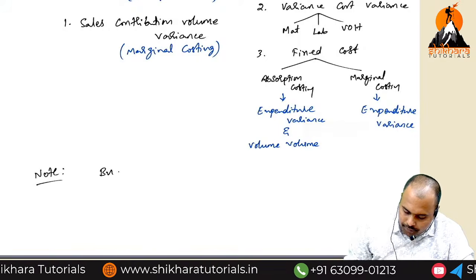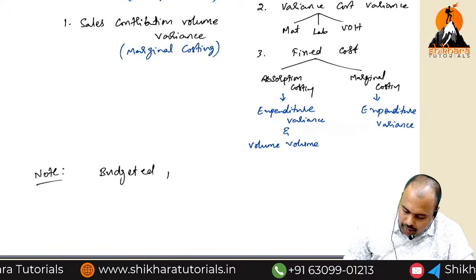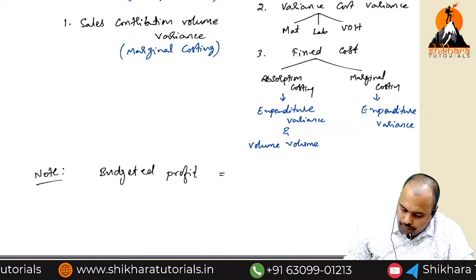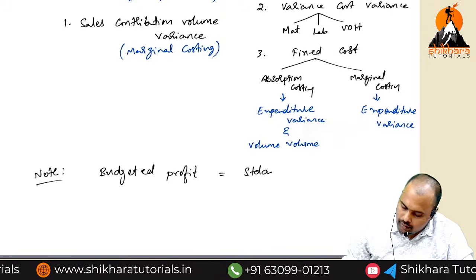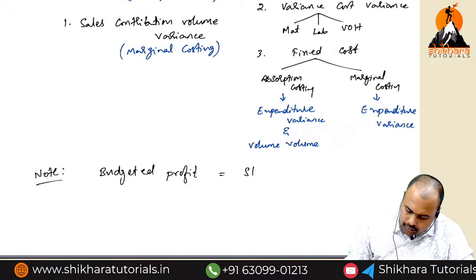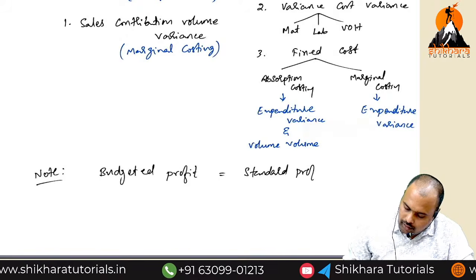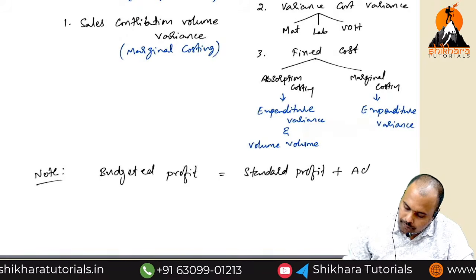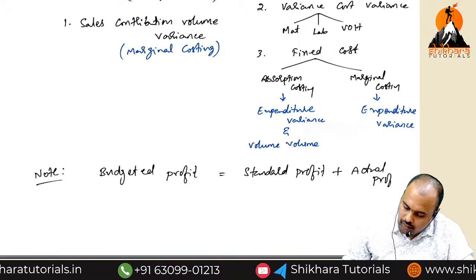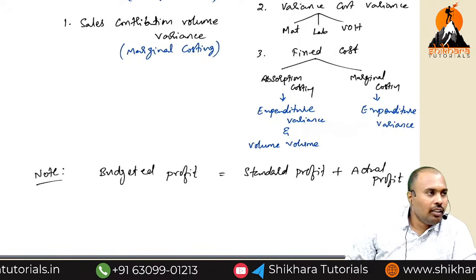Always, budgeted profit is equal to standard profit plus actual profit. Understood, right?